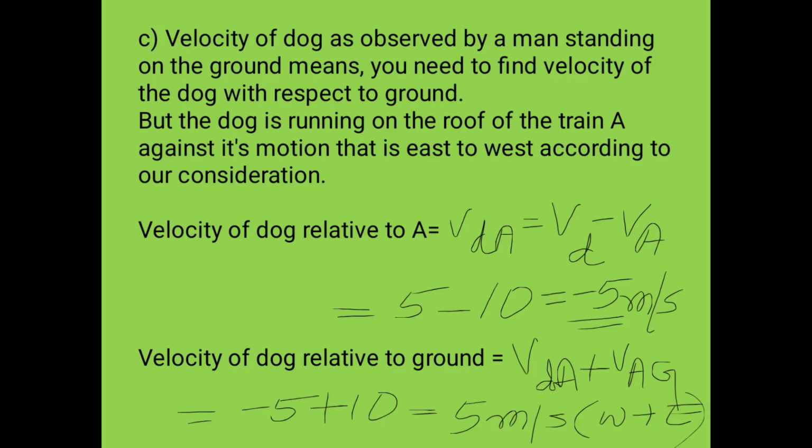That is VDA, which you got as minus 5, plus VAG, that is VA actually, the velocity of A with respect to ground. We have considered VA as 10, so VAG is nothing but VA, that is 10. So minus 5 plus 10 will be 5 meter per second. As it is positive, it is from west to east. So the man will observe the dog running from west to east with a velocity of 5 meter per second.